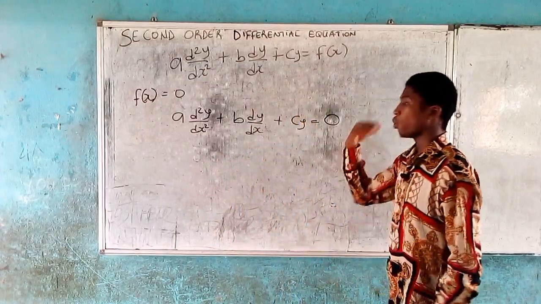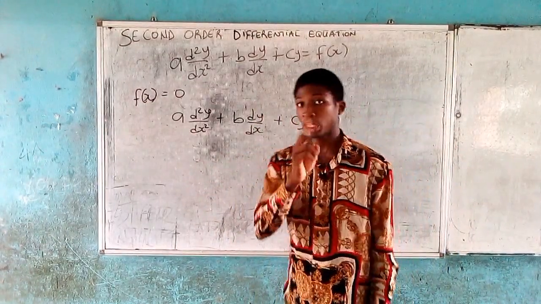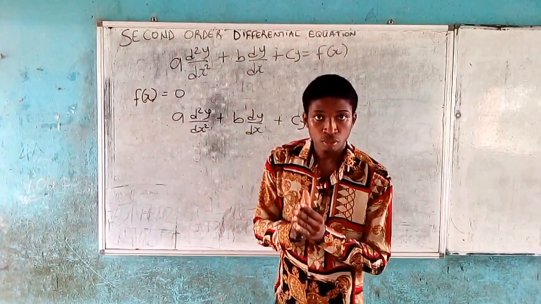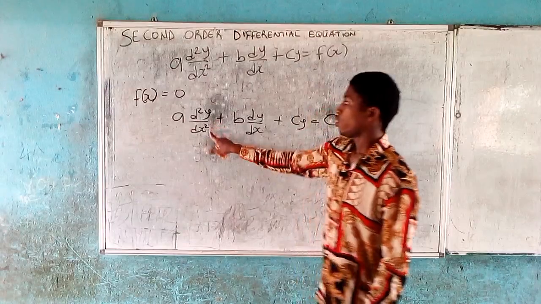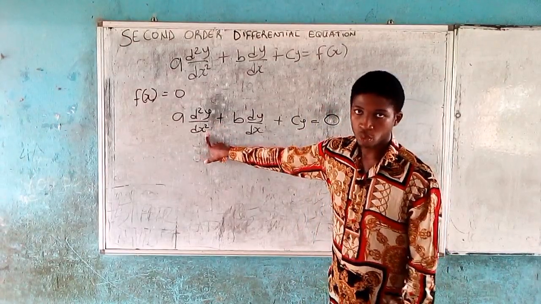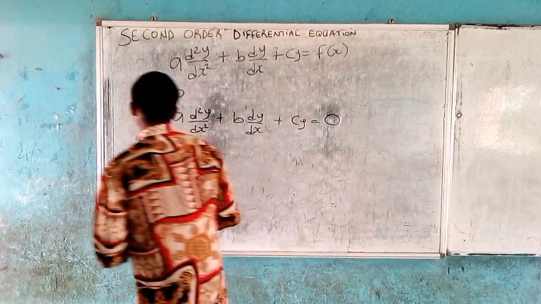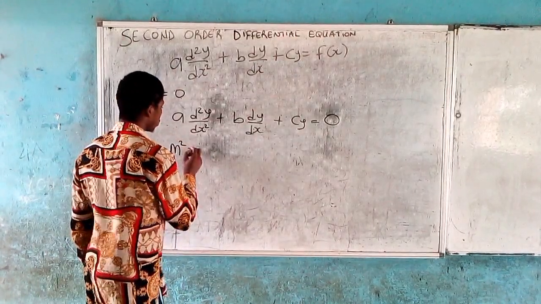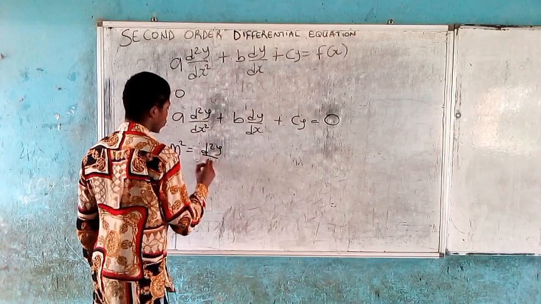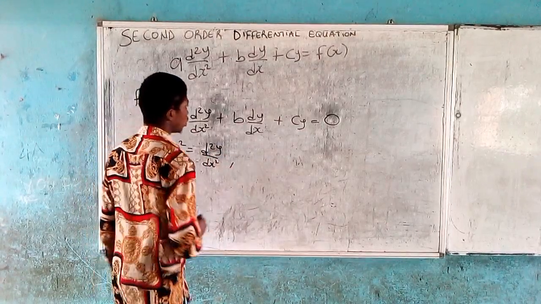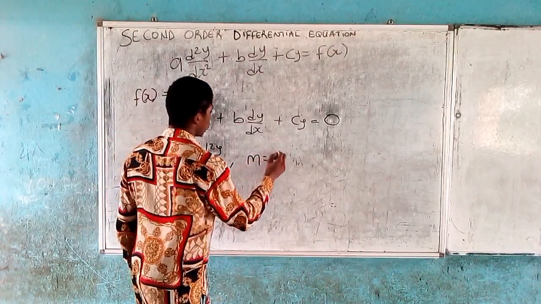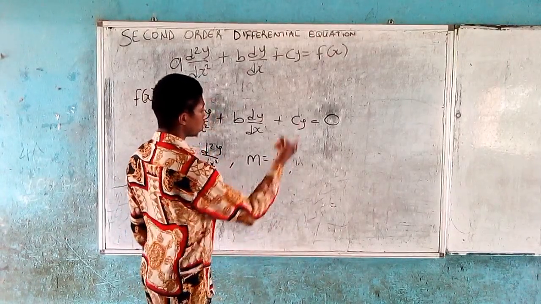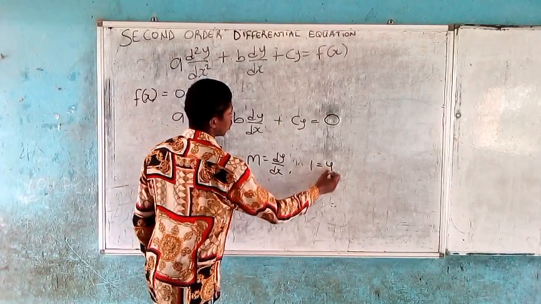When you're given a homogeneous second order differential equation, d²y/dx² is m squared, so please jot this down, very important. m squared is d²y/dx², then m is dy/dx, and your 1 is just y.